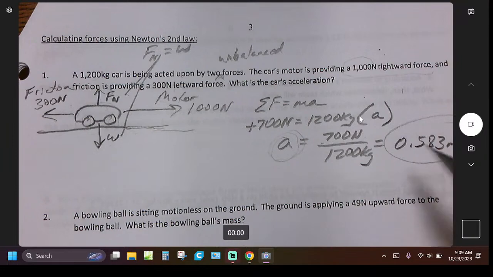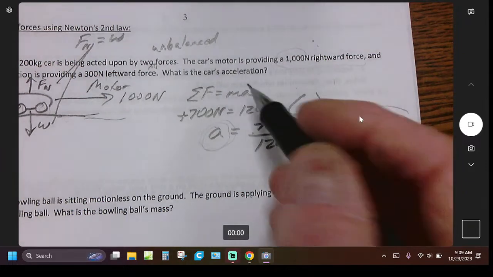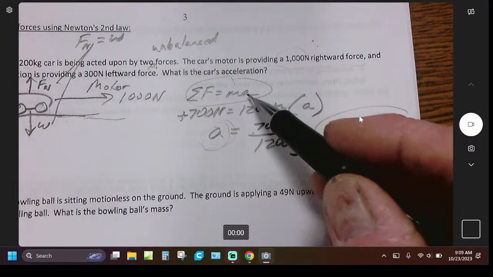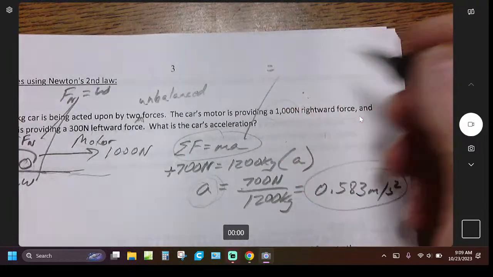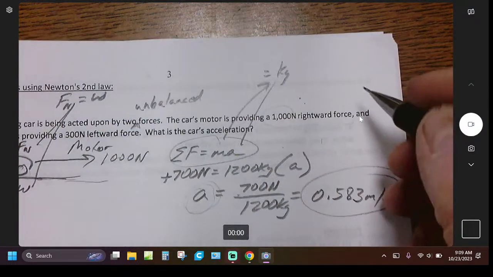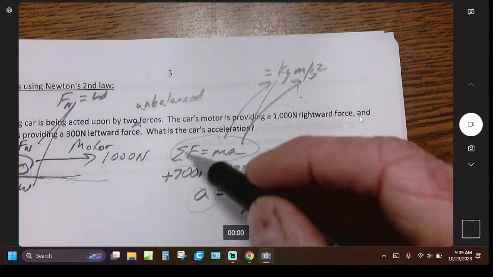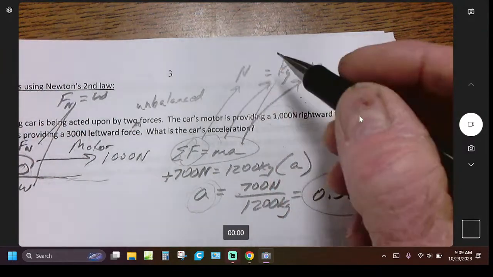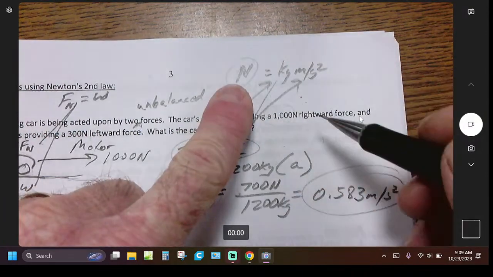So how does that work out? Well, I'm going to give you kind of a circular answer here. Let me just play with this formula up here. Mass is in kilograms. That's the unit for mass. The unit for acceleration is meters per second squared. And the unit for force is newtons. But this is one of those bundled units.